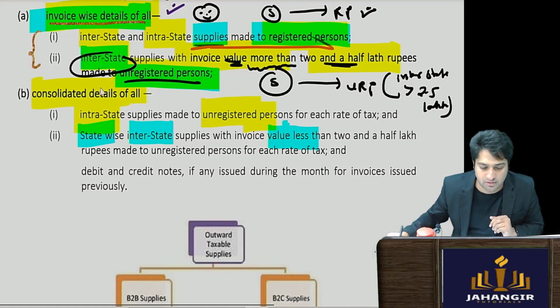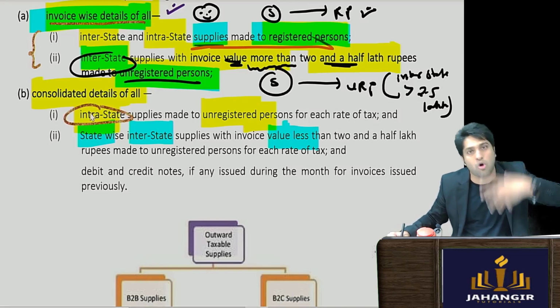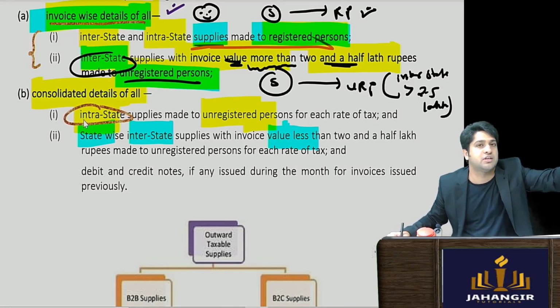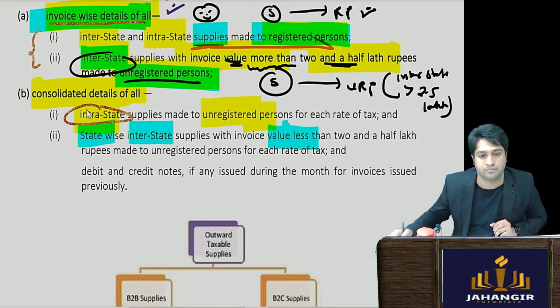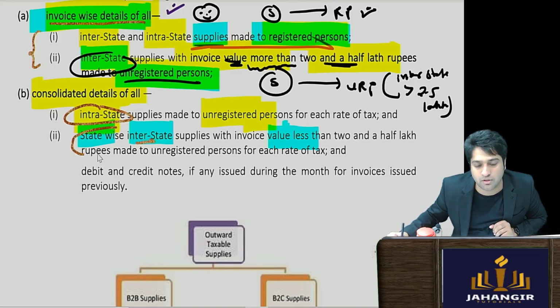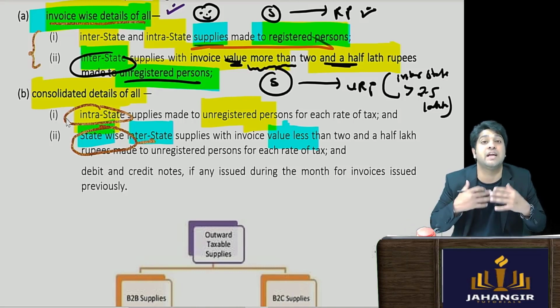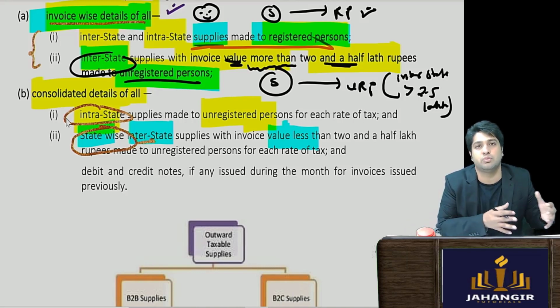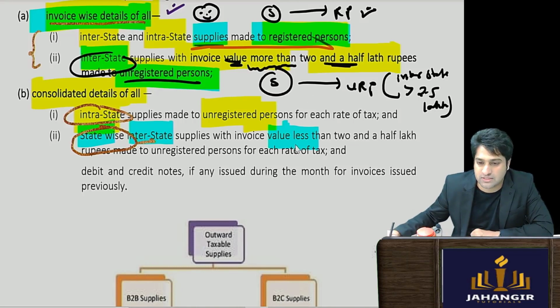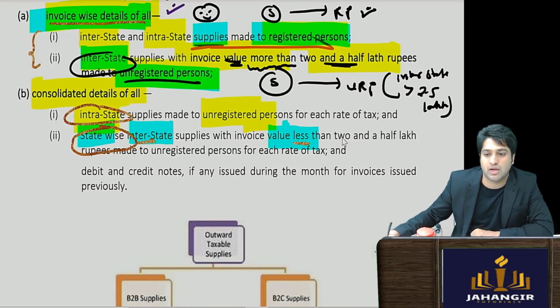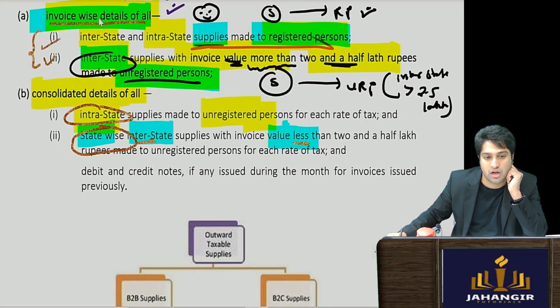This I need to do for intrastate, all of them together. For Maharashtra, I've sold 50 lakh rupees worth of goods. If it is in different states, then I need to consolidate and say state wise: in Maharashtra so much sales, in Gujarat so much sales, etc. Okay, if the invoice is less than 2.5 lakhs. If it is more, then each invoice needs to be uploaded.